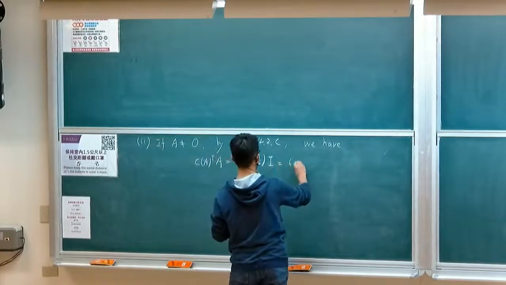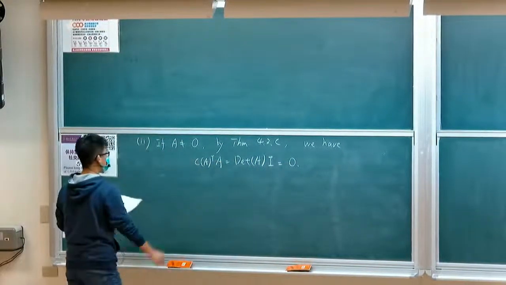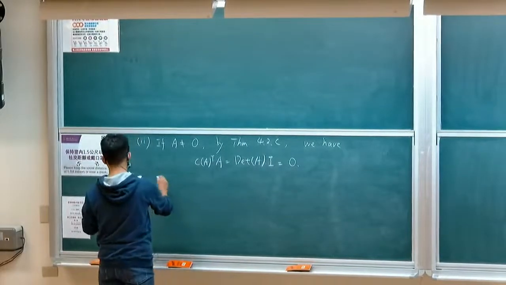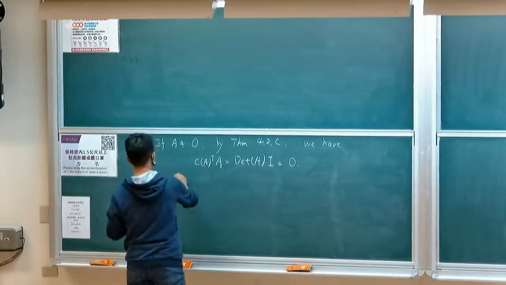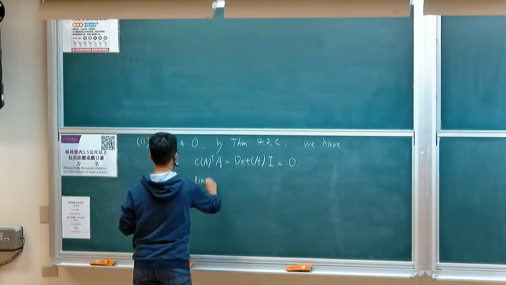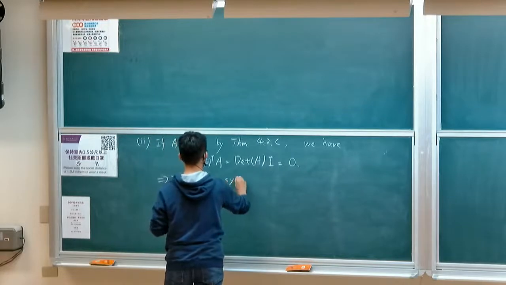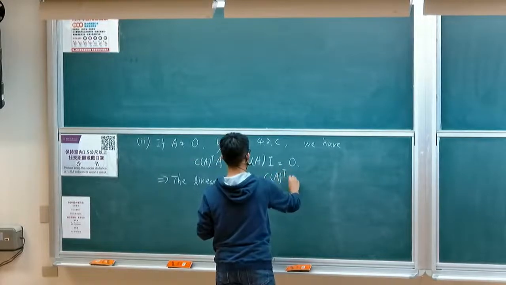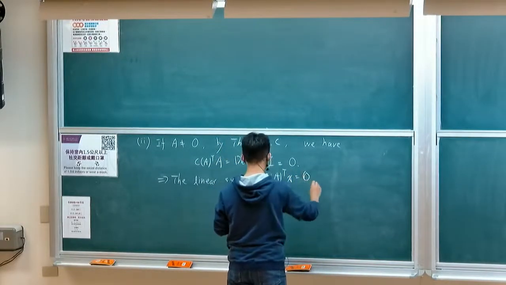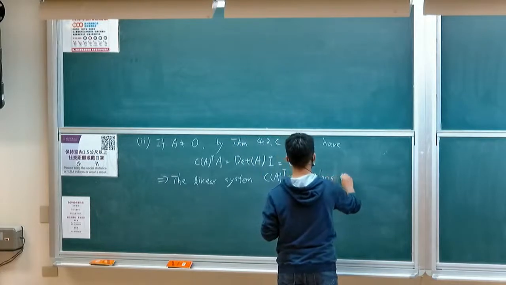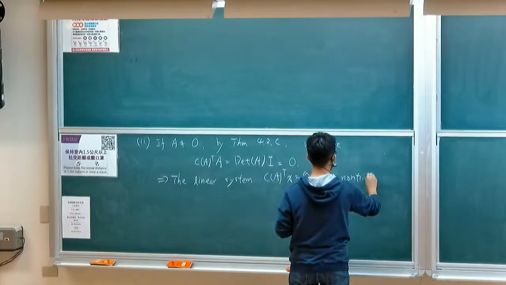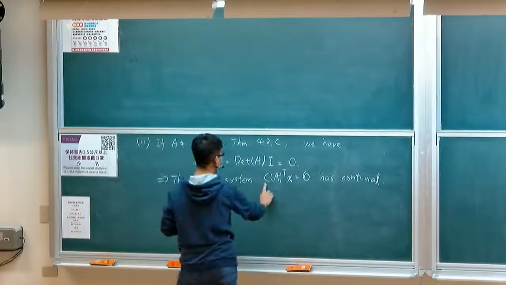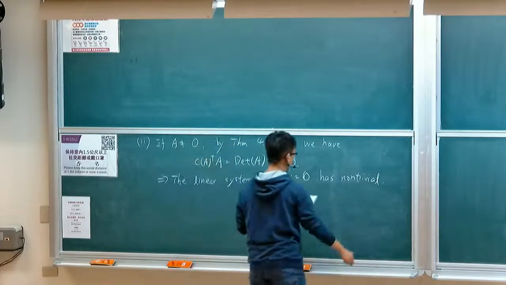So this is a zero matrix. Then it basically tells us that the linear system has a non-trivial solution. Since A is not a zero matrix, this linear system has a non-trivial solution.